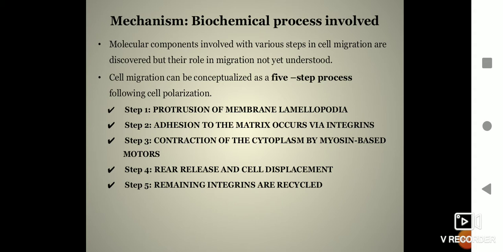This second step is what we studied in the previous class when we spoke about cell-matrix interaction. The third step in cell migration is contraction of the cytoplasm, which is carried out by myosin-based motors. The fourth step is rear release. The rear is at the back. Rear release is release of the attachment from the back and cell displacement. And finally, the fifth process is that the remaining integrins are recycled.